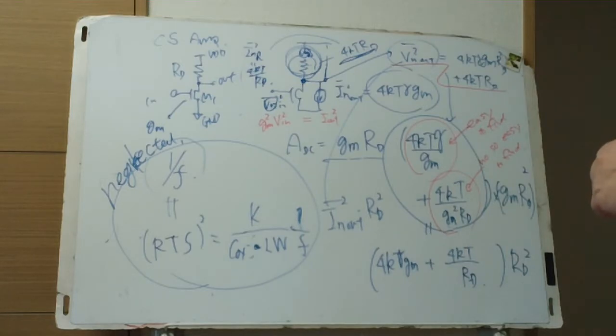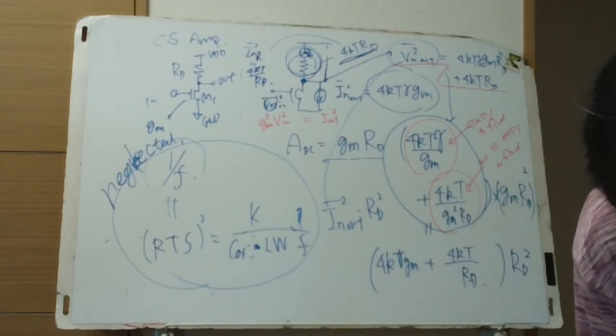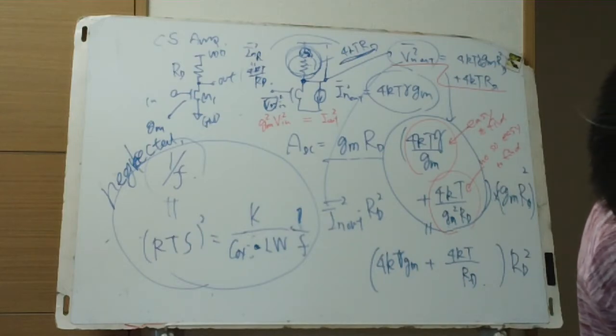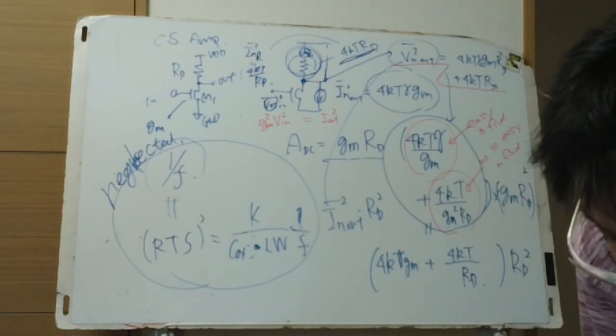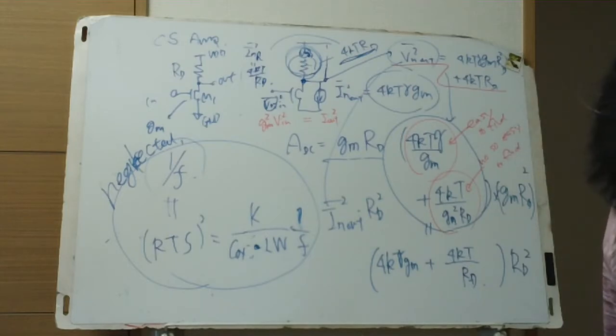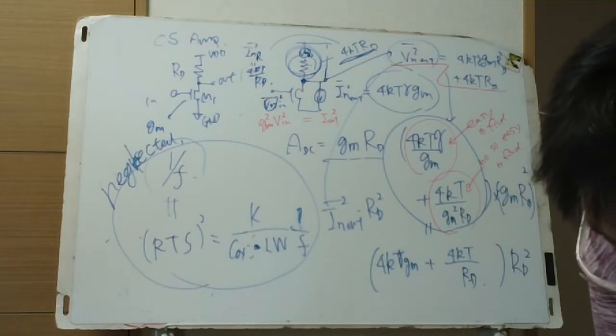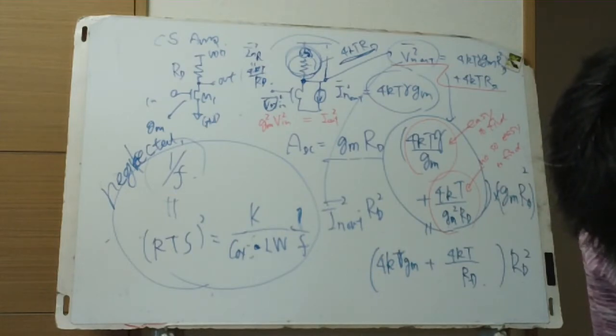So in this case, written on page 237, input referred noise is discussed, and before that output noise was discussed.